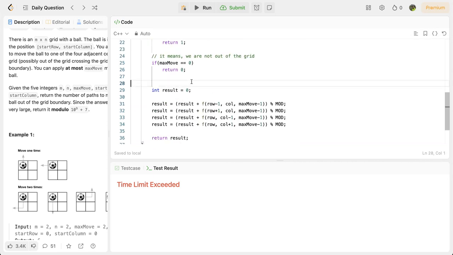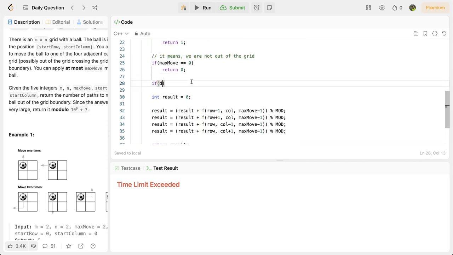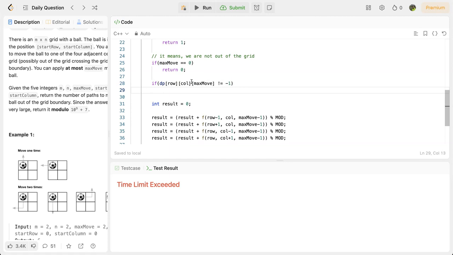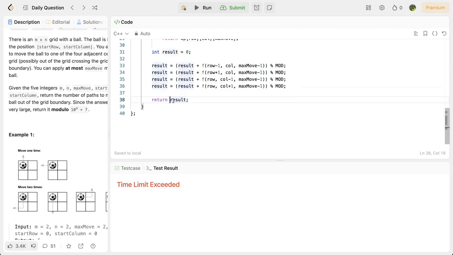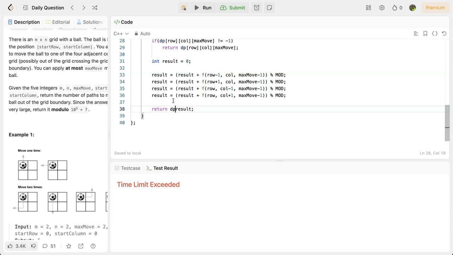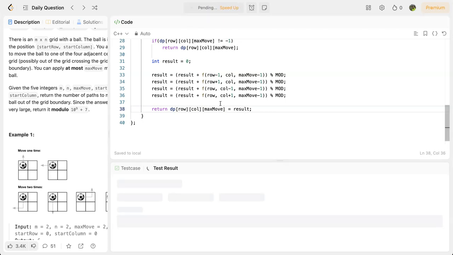And here we say if dp of row, col and max move is not -1, that means this number has already been calculated. Return dp of row, col and max move. Otherwise, before returning, save it. So dp of row, col and max move should be result. So let's run this now and see if this works.